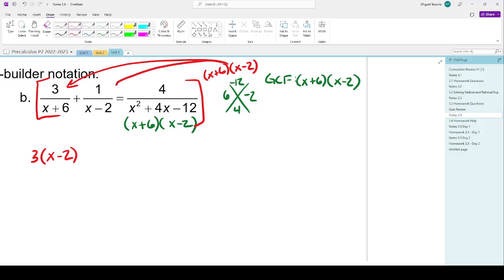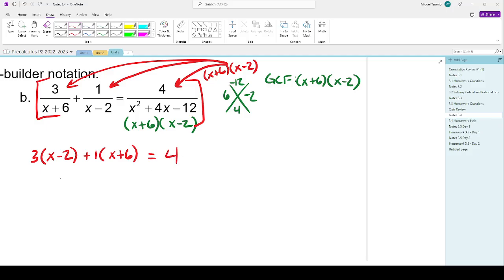Likewise, when I multiply this to 1, the x minus 2 reduces, so I'm left with 1 times x plus 6. I'm just showing this as the placeholder, but again, if you see that, you're like, okay. Then on the last fraction, you notice that both of my terms in the GCF get reduced because they are both present there. So I'm just going to say that equals 4.